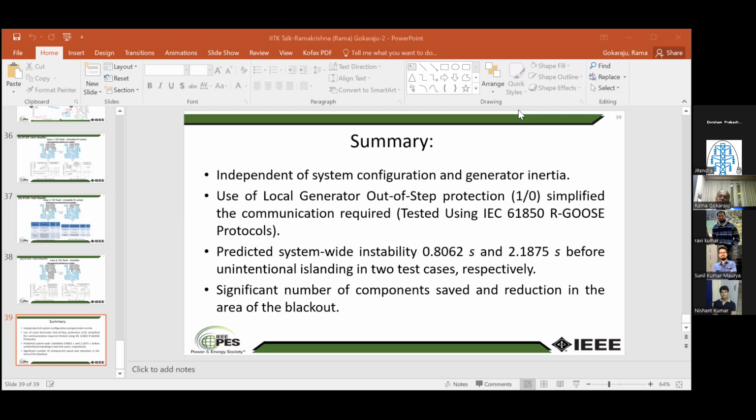When we have large penetration of renewable energy resources, then again, in terms of out of step prediction or out of step tripping, there are equivalenting analyses being done, combining the synchronous and the asynchronous sources.